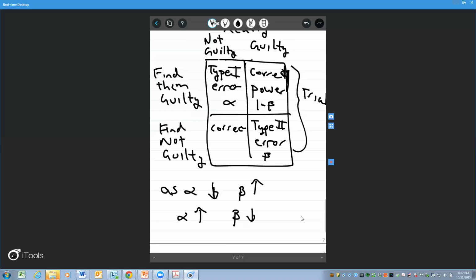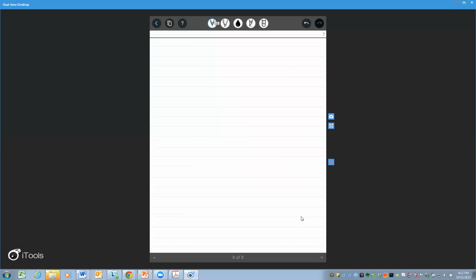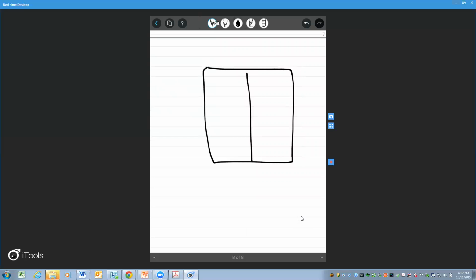Another example of a type 2 error is, think about a test for a disease. We're going to run the test, and we're going to consider that they have the disease, and they do not have the disease.